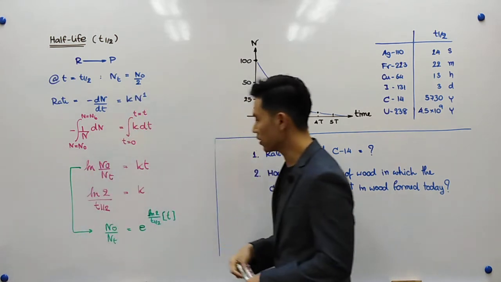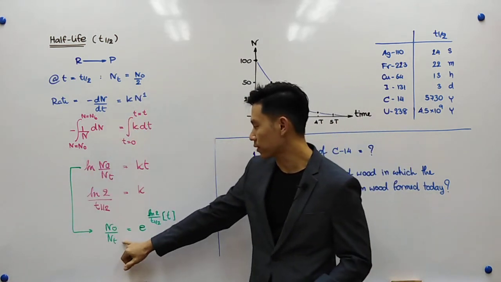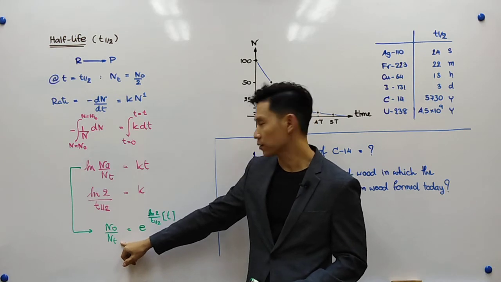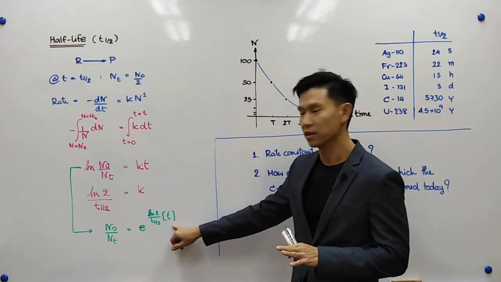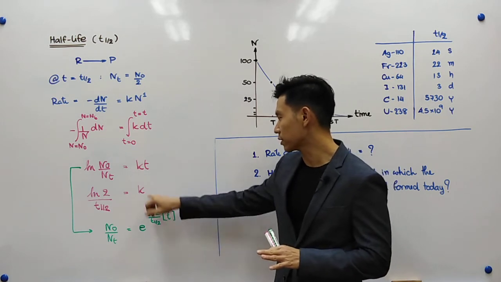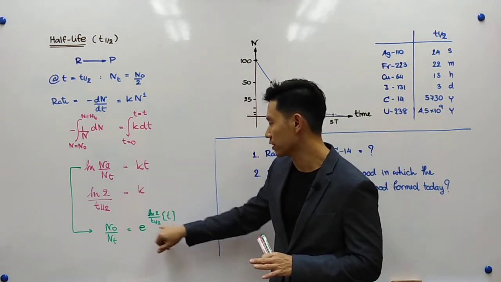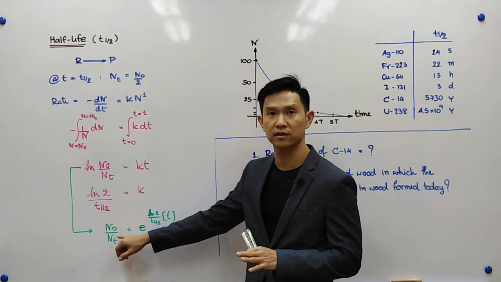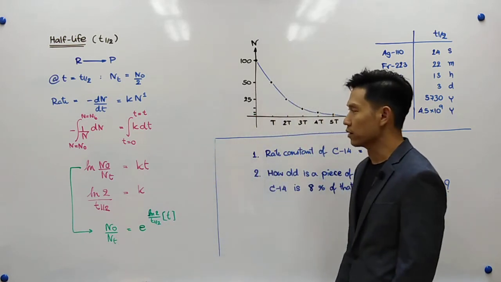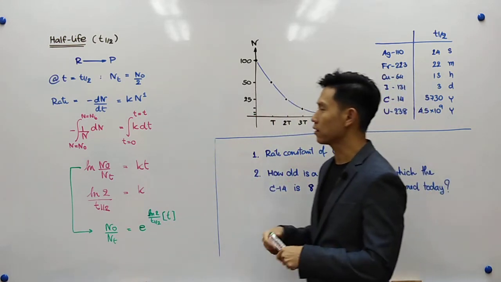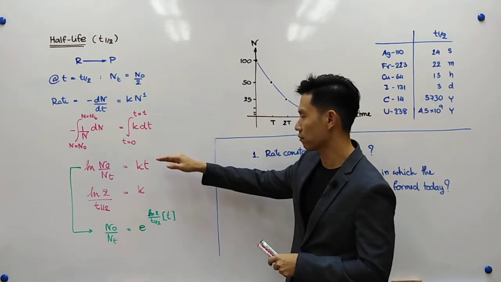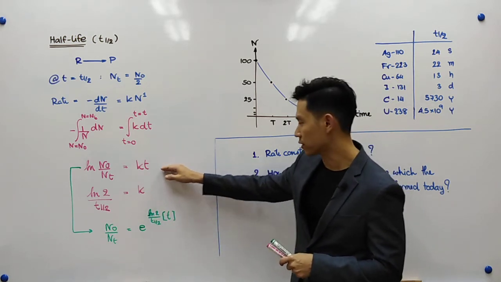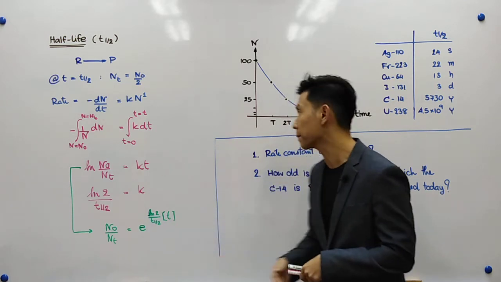So if we want to know the amount of things left behind at a specific time, we put t over here. If we know the half-life, we know the rate constant, and we can calculate things. So we can swap the places of the variables and change the form from the logarithmic function to the exponential function, something like that.